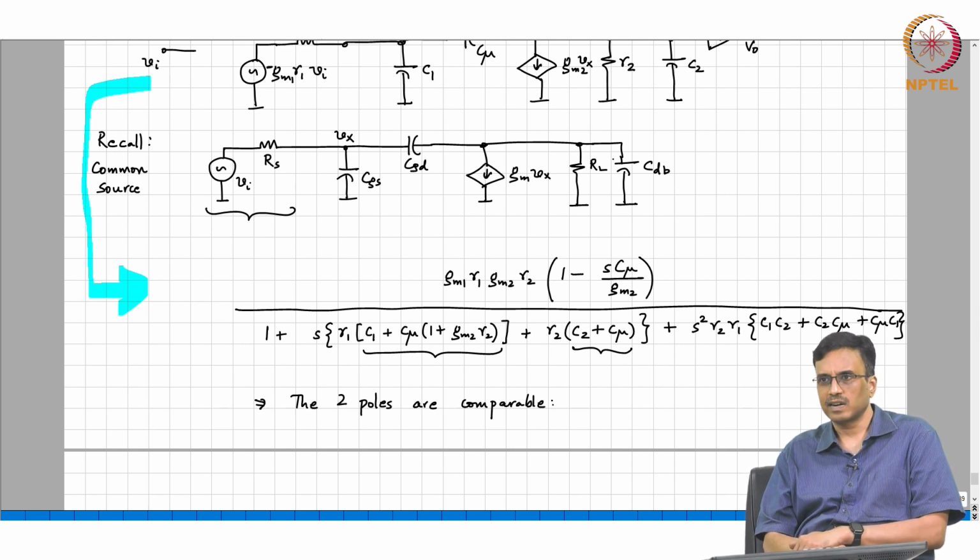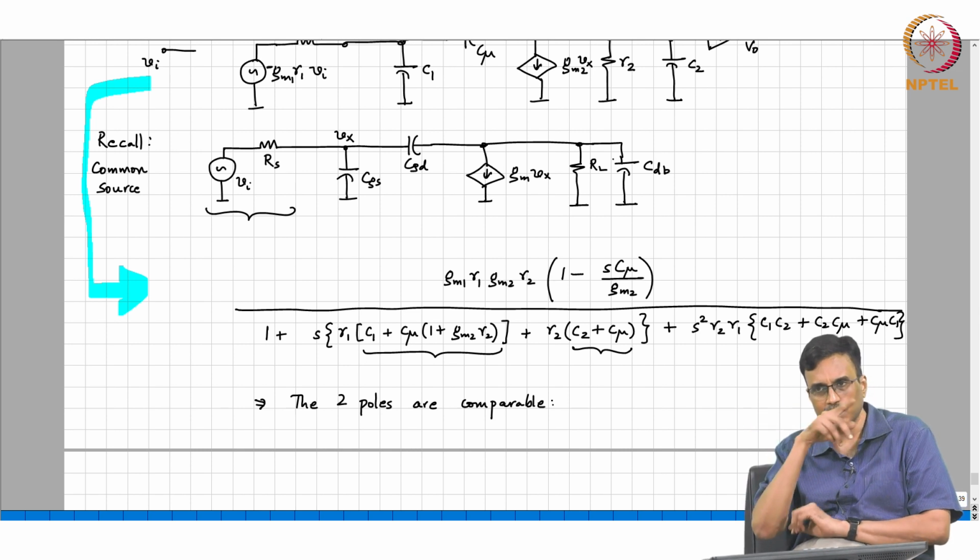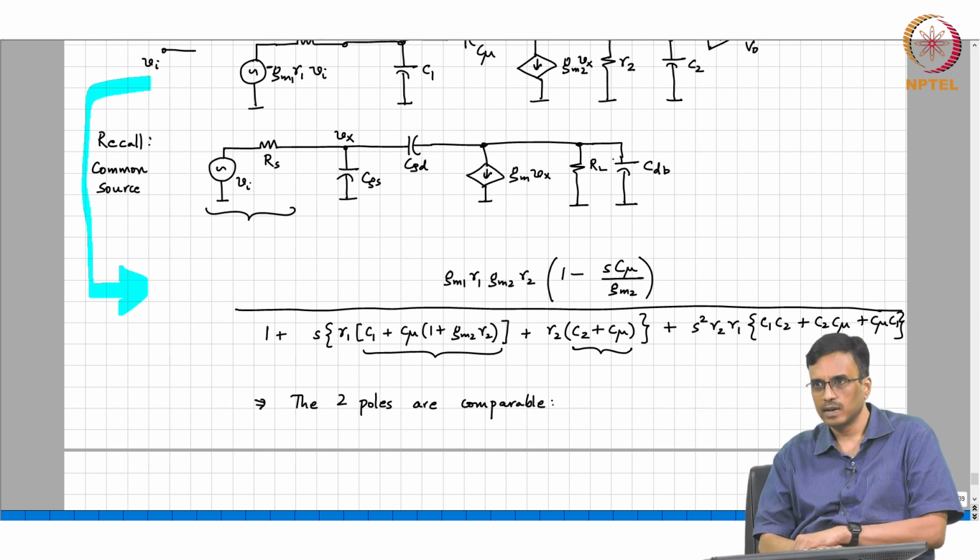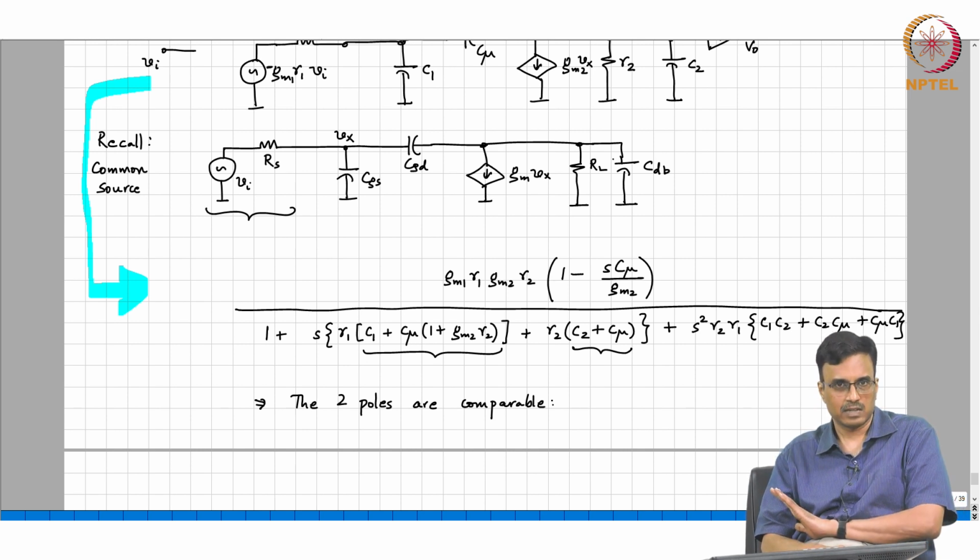If GMR is 100, maybe 40 or 50, GMR by 2 will basically be something like 20. A closed loop system will have a Q of 20. That basically means it will ring 20 times before it dies down. Does it make sense? So, for all practical purposes, this op amp is unusable as it stands.